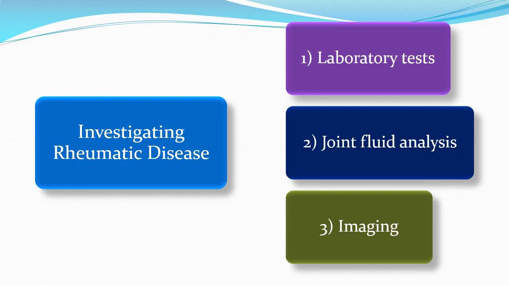Now, we come to the topic of how we investigate a patient presenting with a rheumatologic disease. We divide the investigations into three main categories: laboratory studies, then an invasive procedure in which we get a sample of the joint effusion fluid, and finally the imaging studies.